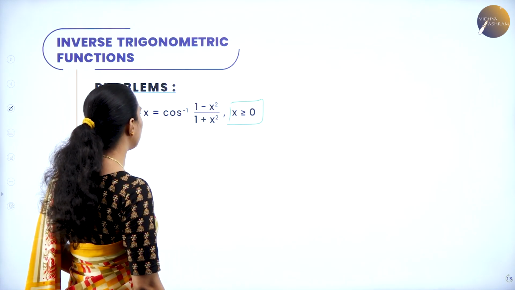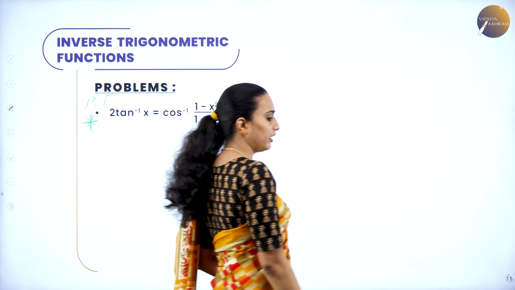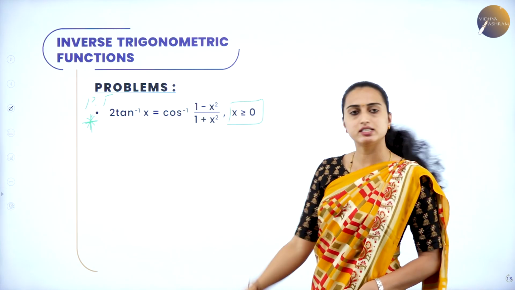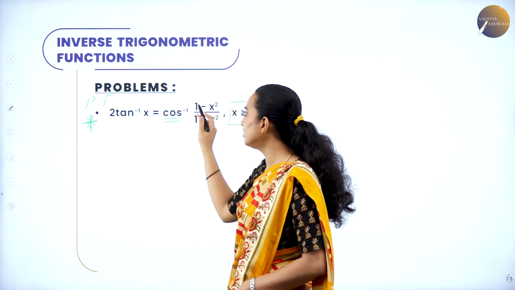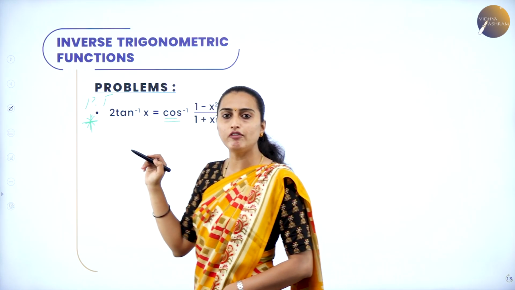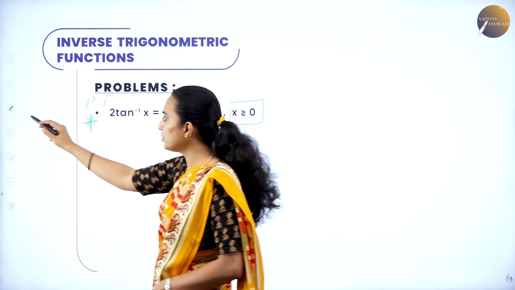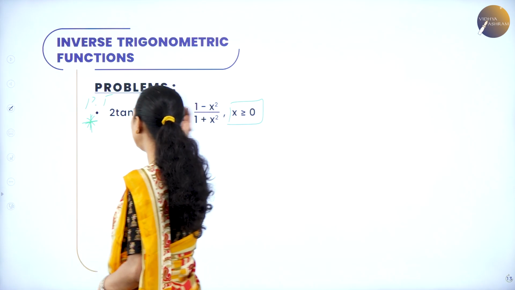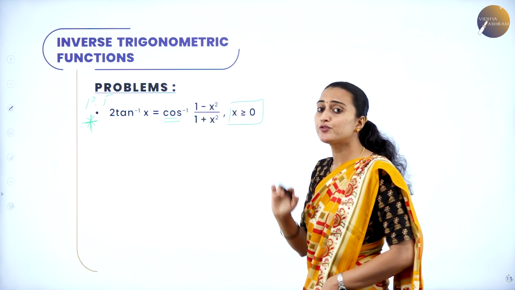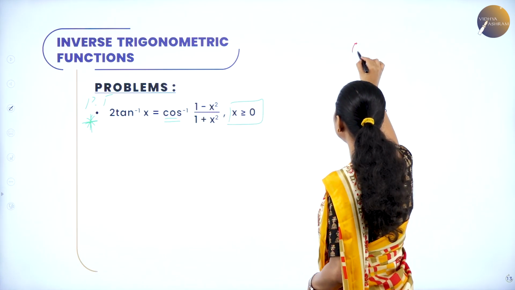Okay, now here also I am going to take the right hand side, then I am going to prove the left hand side. Since we have cos inverse, inside also it should be in terms of cos only. Therefore, I am going to write down the formula which is in terms of cos, which will be in terms of tan. So that is cos 2 theta.